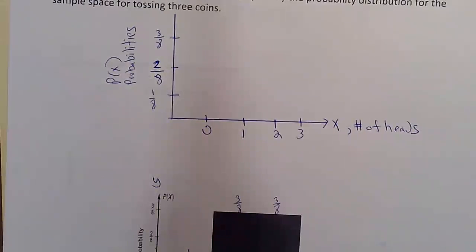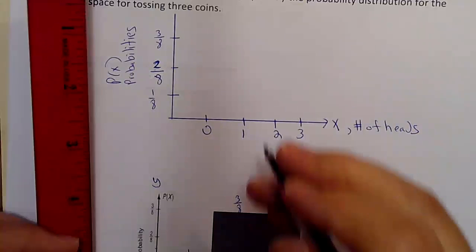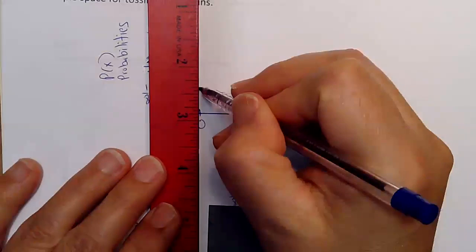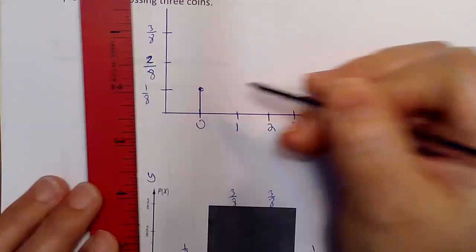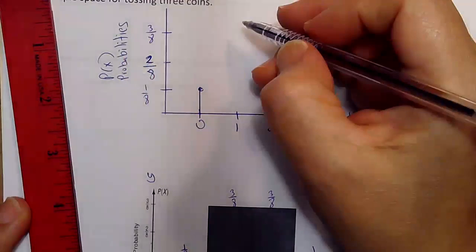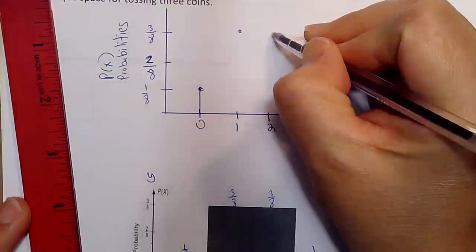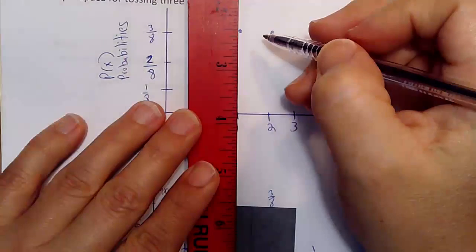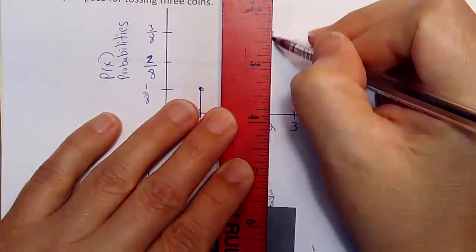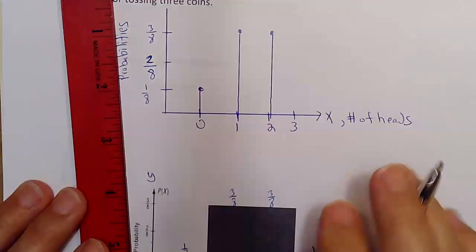This is how it's different. You'll see in your ebook when you look for pictures, they draw just a thin line segment. 0 was at 1/8, so 1/8 is right here, and they just do this. Then 1 was 3/8, and so was 2, so 3/8 is over here, so they do this.